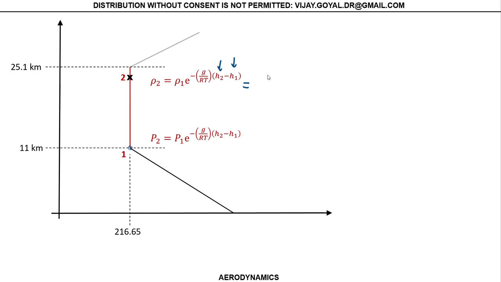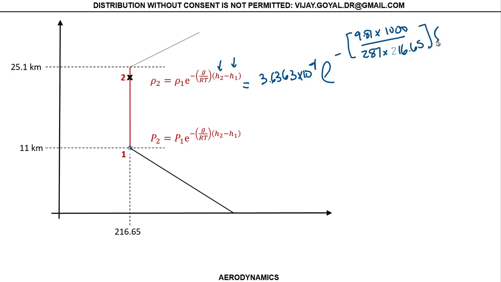Here, again, this is 3.6363 × 10^-1, times e to the 9.81, you have to multiply by 1,000 here, over 287 times the temperature, 216.65, and the delta is now 20 minus 11.